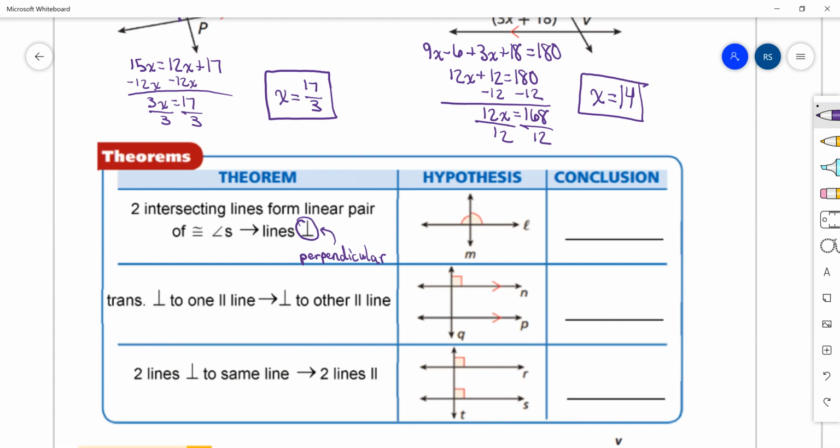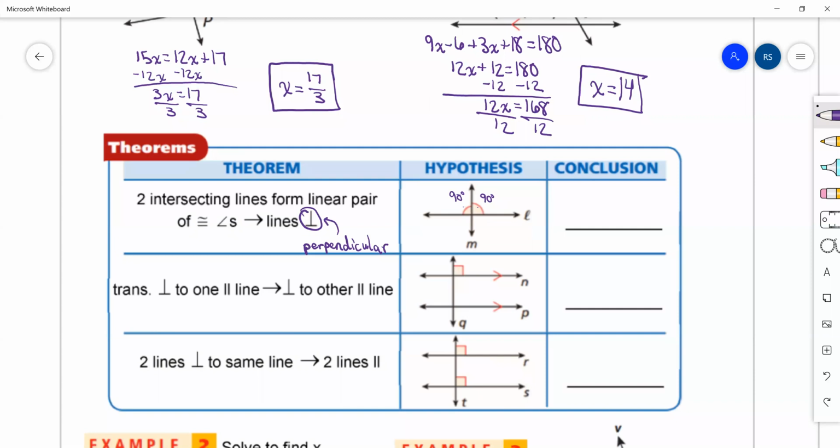So if these angles are the same, that means they both got to be 90 degrees. So we can conclude that L is perpendicular to M.